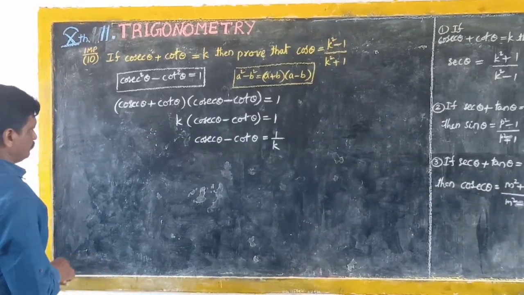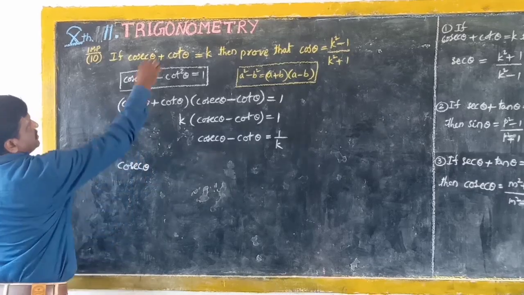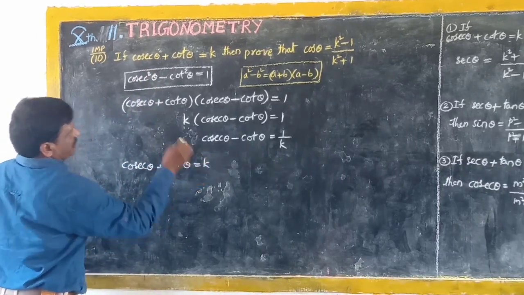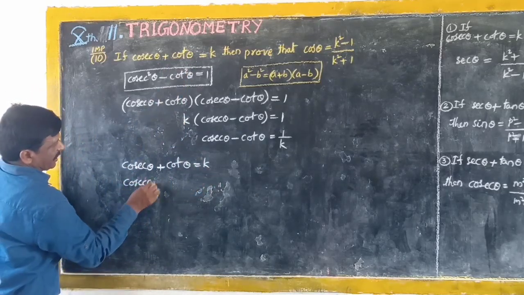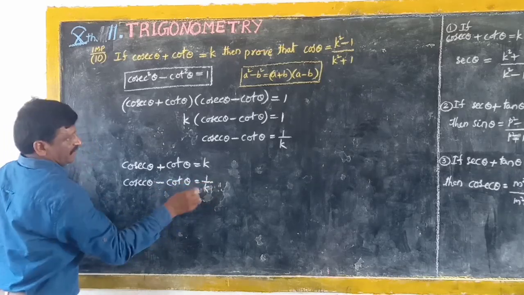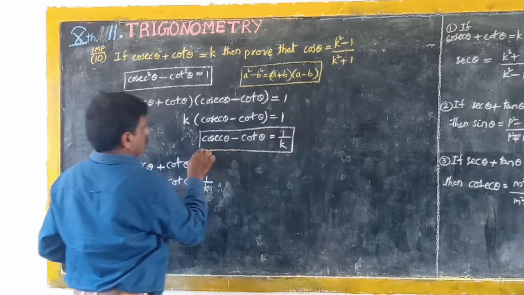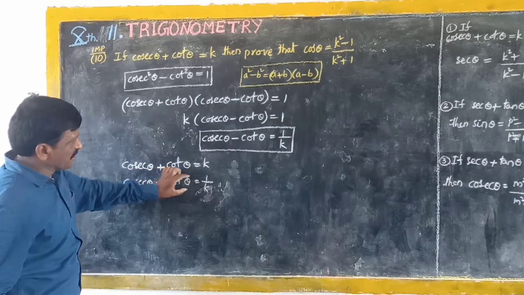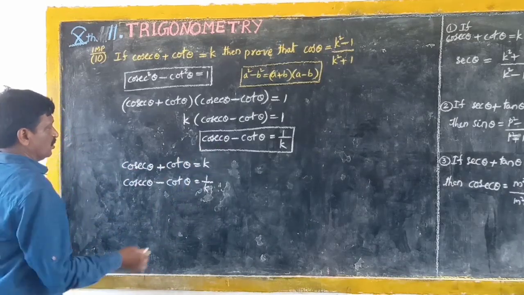Now, cosecant theta plus cot theta is equal to k, given. Cosecant theta minus cot theta is equal to 1 by k. Now we will subtract: cosecant theta plus cot theta minus cosecant theta minus cot theta is equal to k minus 1 by k.